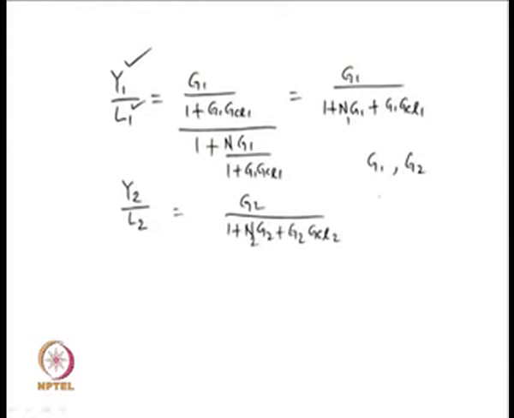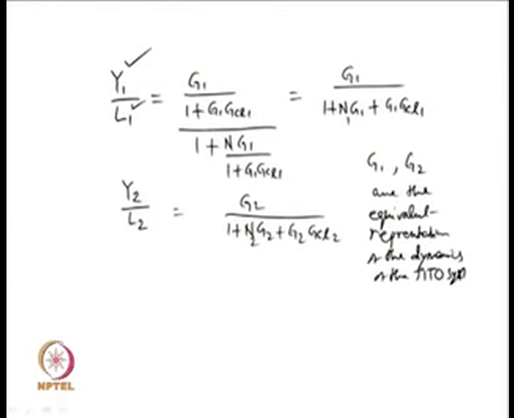G1 and G2 are the equivalent representation of the dynamics of the TITO system, when it is assumed that the TITO system is decoupled.